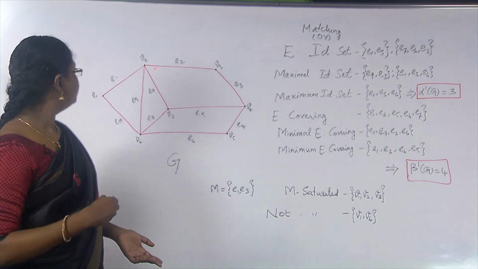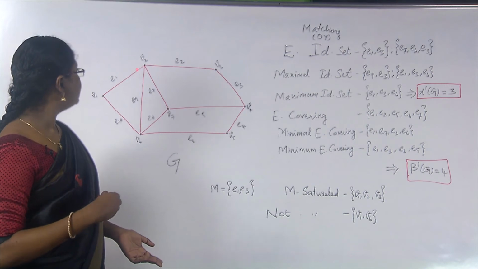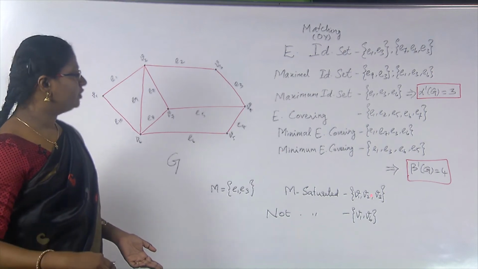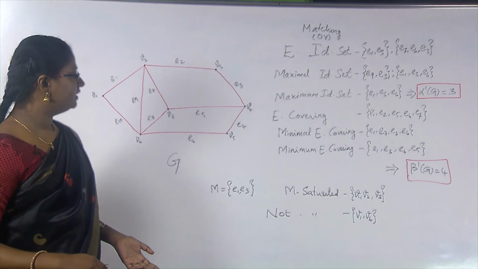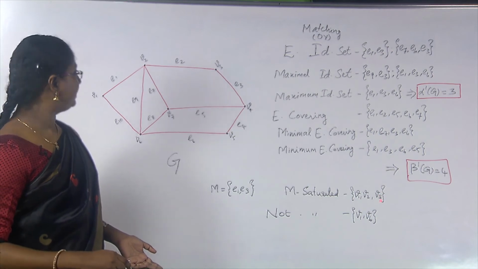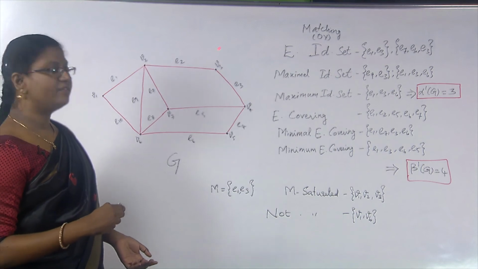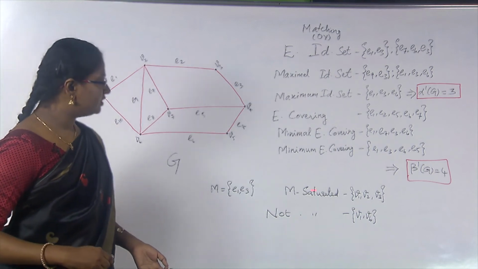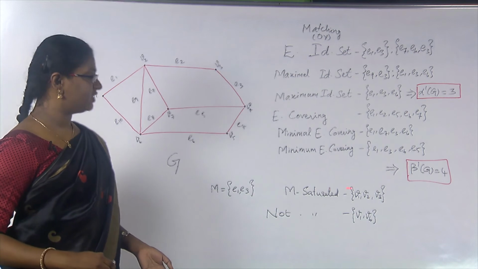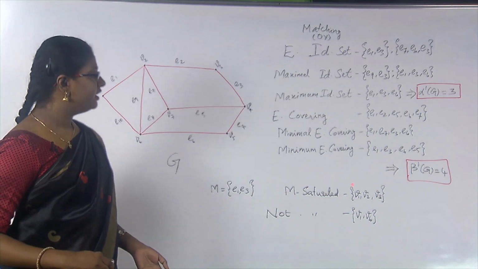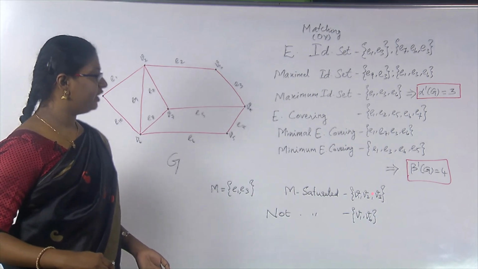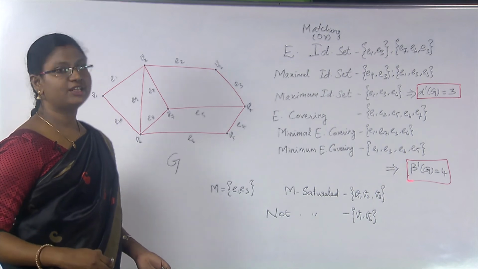E1 is incident on V2. So, V2 is also M-saturated. Consider V3. Here E3 is incident on V3. So, V1, V2 and V3 are all M-saturated, which means the set containing V1, V2, V3 is also M-saturated.